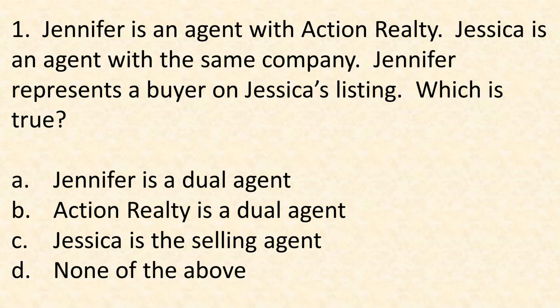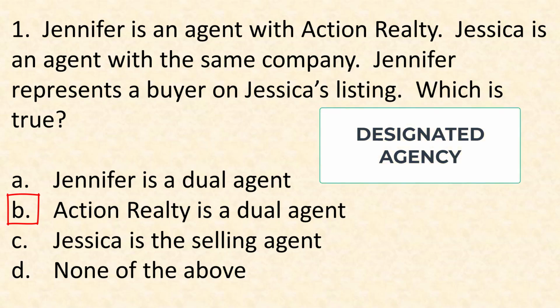And the answer would be B. Action Realty is a dual agent. What do we call this relationship? This is designated agency. Designated agency is a form of dual agency, but better. Dual agency, we think of one agent at one brokerage having both the buyer client and the seller client in the same transaction.